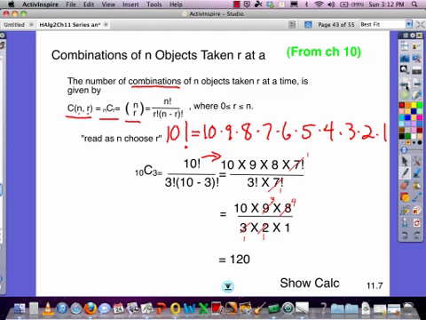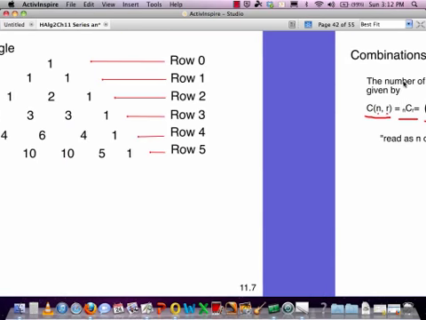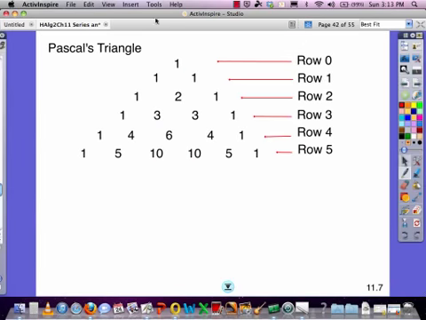So we're going to take a couple days when we do this. So I think that's all you need for today, using this combination from chapter 10 and the idea of what the Pascal's triangle looks like. Because the second part of 11.7 will actually use some characteristics from the triangle.